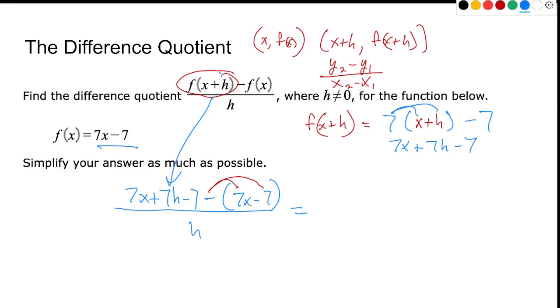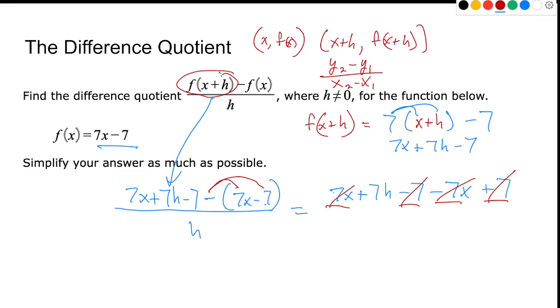So this distributes through, so let's just rewrite it. 7x plus 7h minus 7 minus 7x, so I'm doing this part here, plus 7. And so notice what happens. You've got a plus 7x here and a minus 7x. Those become 0. You've got a negative 7 and a plus 7.